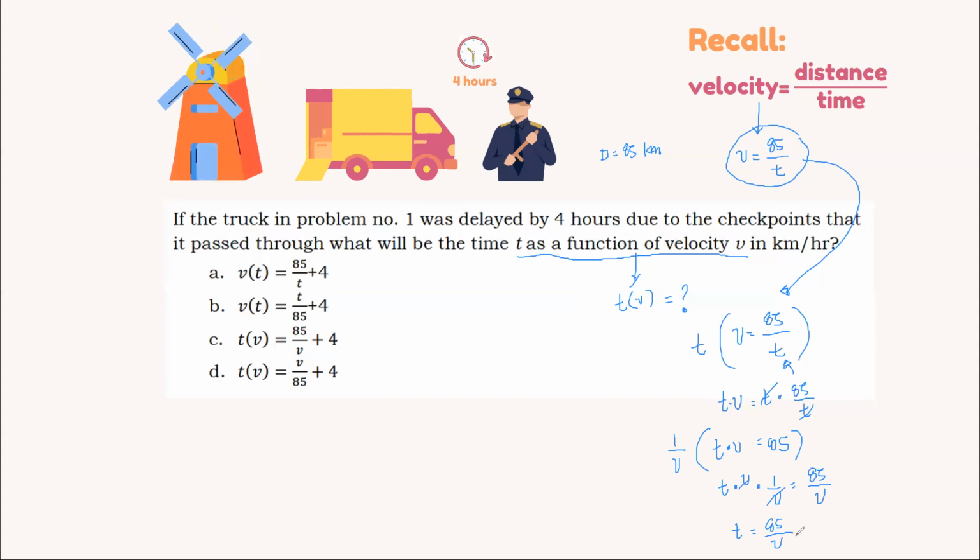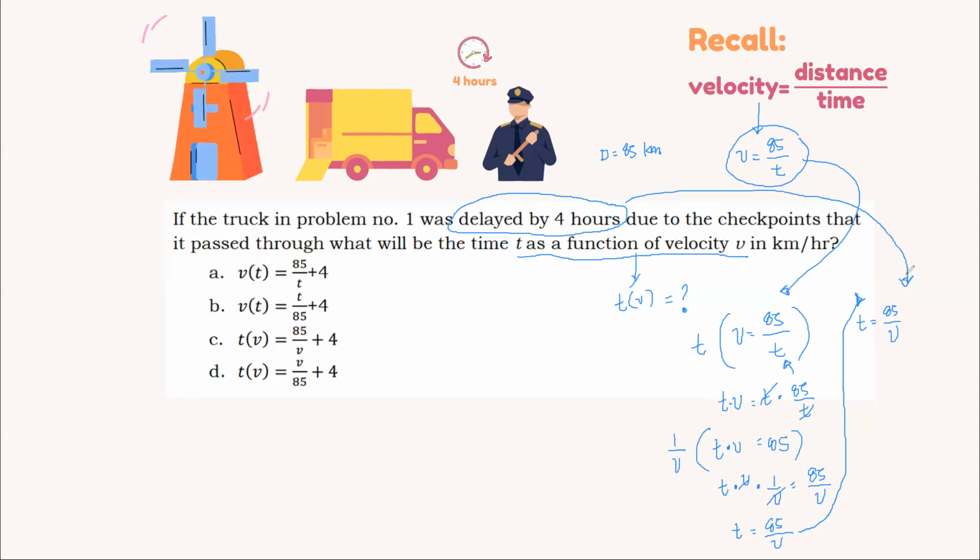But it's not complete yet because we have this additional clue. It is delayed by 4 hours. So the time it takes the truck to travel is delayed by 4 hours. So there would be an additional 4 hours.